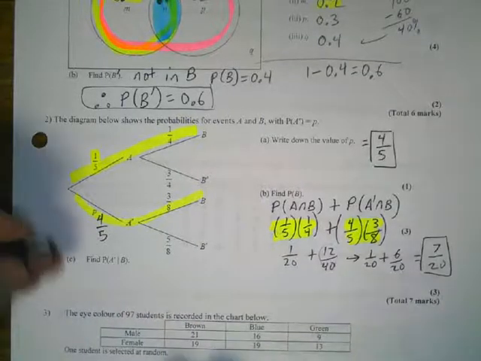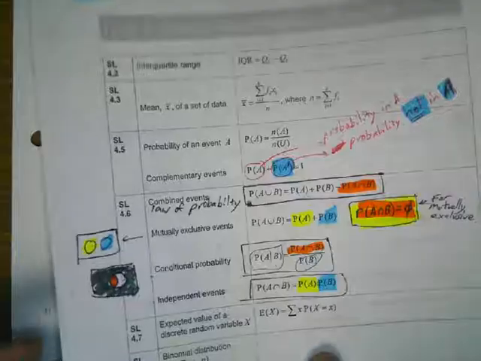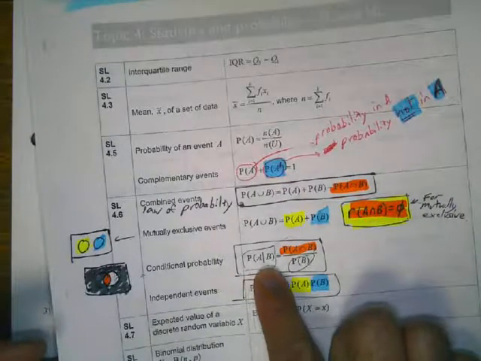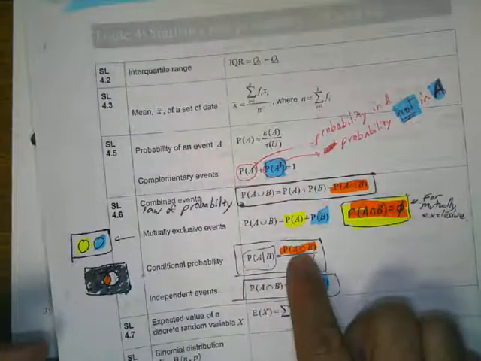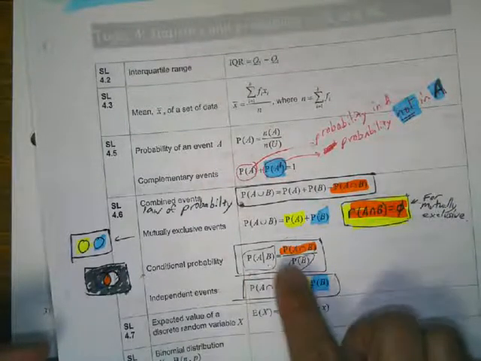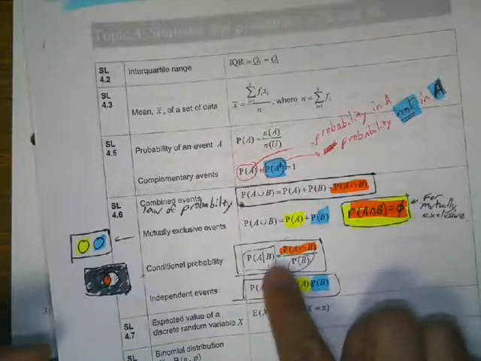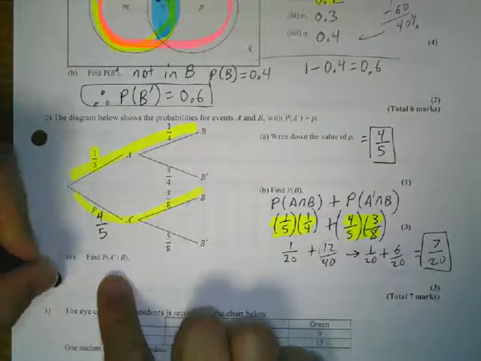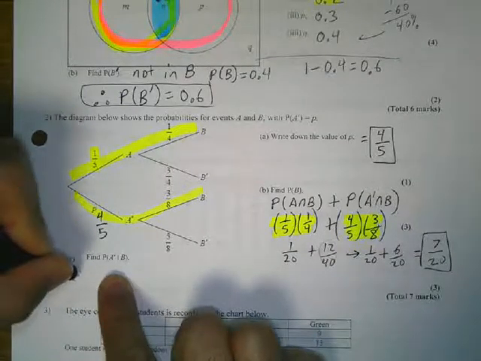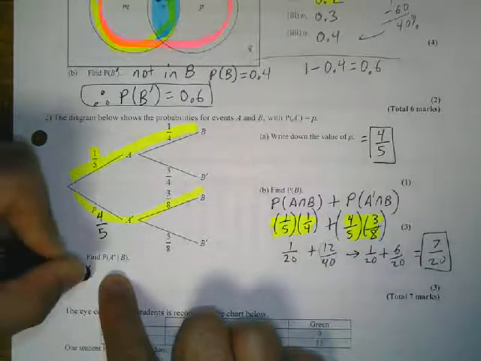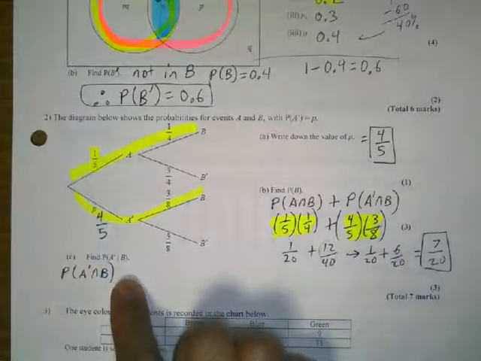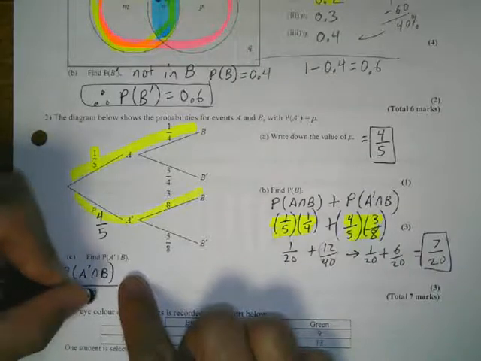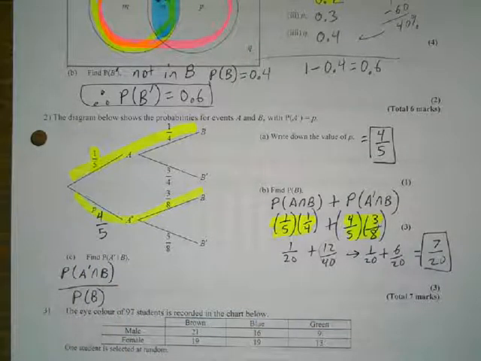Now we're going to find the probability of A prime given B. So we could take out our formula packet and think of it this way. A given B is the intersection of the two things that we have here divided by the probability of what's given. So this is saying find the probability of the intersection of A prime and B divided by the probability of what's given, which is B. You might want to hit pause and think about that.